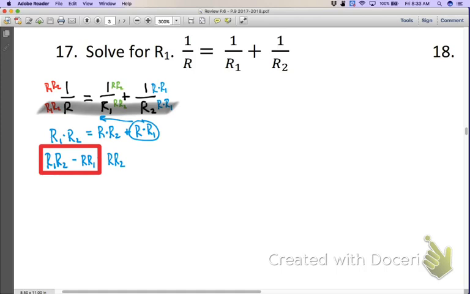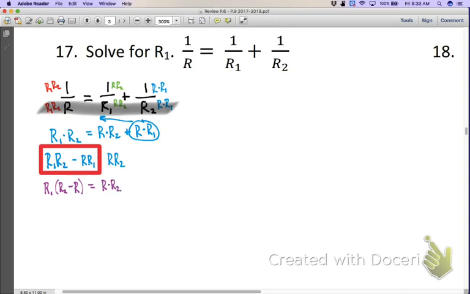So if we factor out an r sub 1, I have r sub 2 minus r equals r times r sub 2.